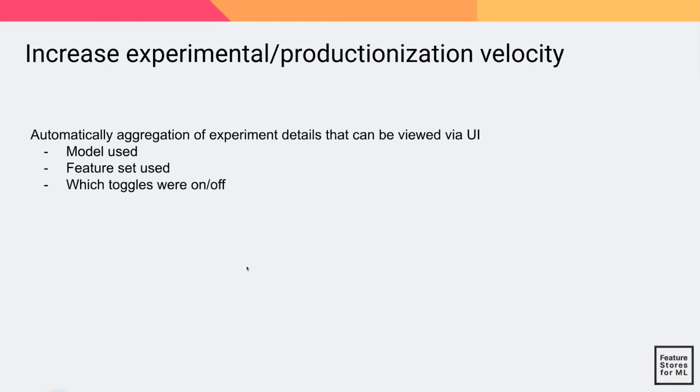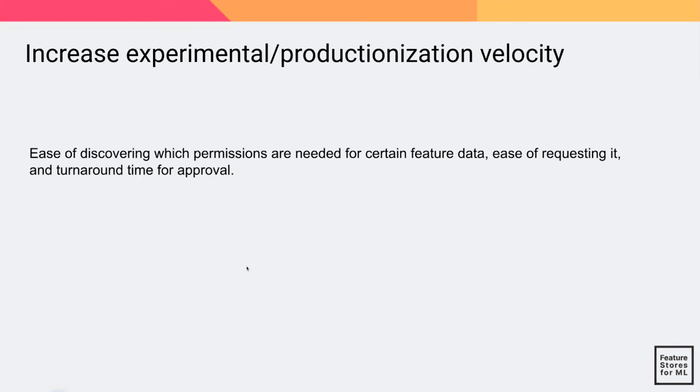And another way that we can increase experimental productionization velocity is aggregating all the information via UI: model used, feature set used, which toggles are on and off. And this one's huge. This one we're still struggling with. Twitter is a company that really focuses on data privacy.